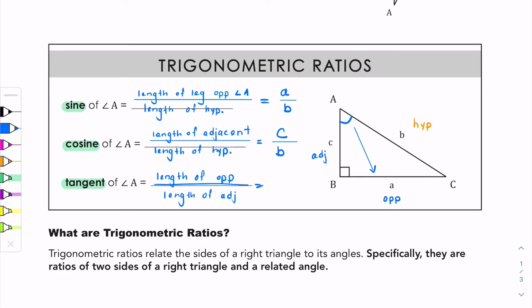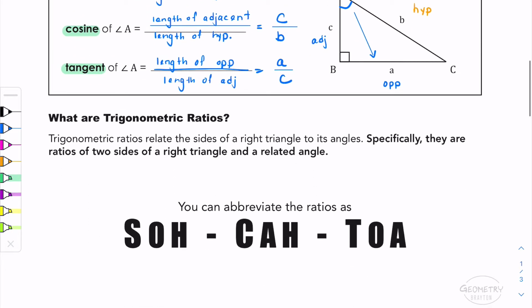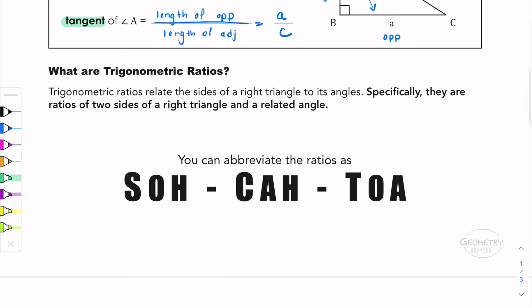And representing these would be the opposite side, or A, divided by the adjacent side, or C. Now that we talked about what these ratios are, I'm going to tell you that trig ratios relate the sides of a right triangle to its angles. Specifically, they are ratios of 2 sides of a right triangle and a related angle.